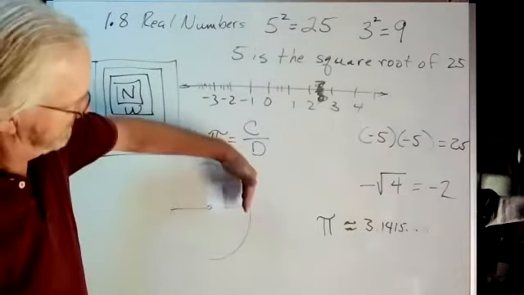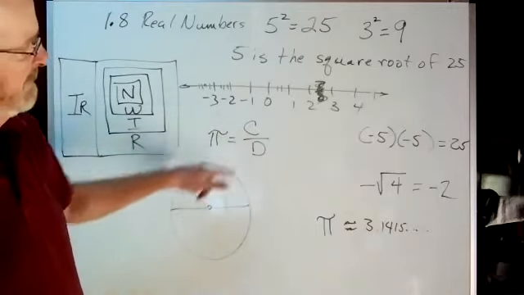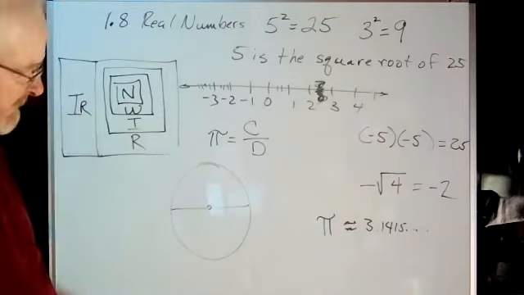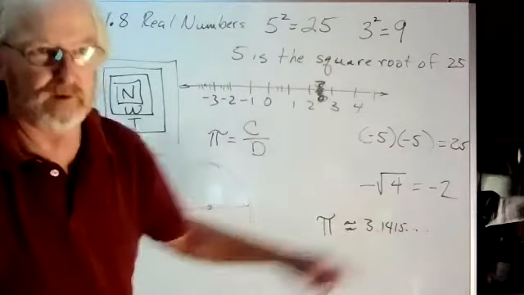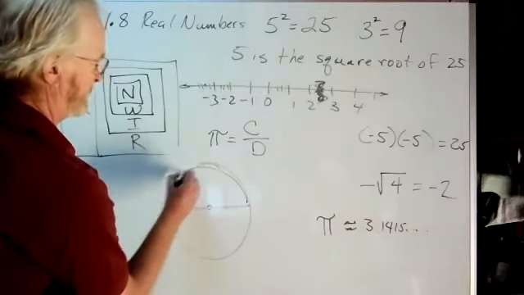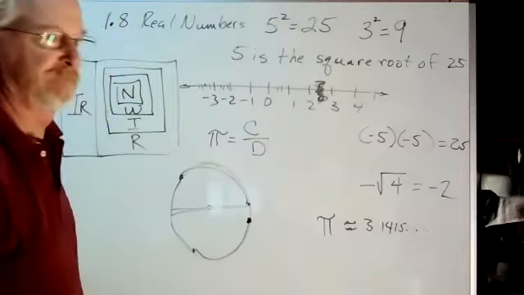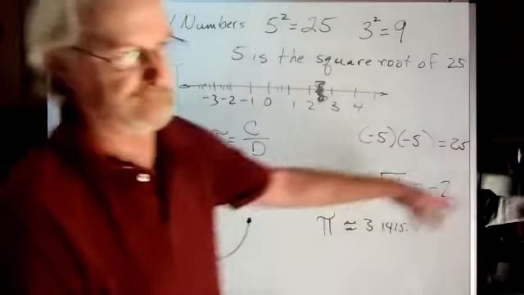How many of those diameters would it take to get all the way around a circle? Well, it takes 3.14 diameters. Here's one diameter, here's two diameters, and here's three diameters, and it doesn't quite make it. 3.1415 and so on.